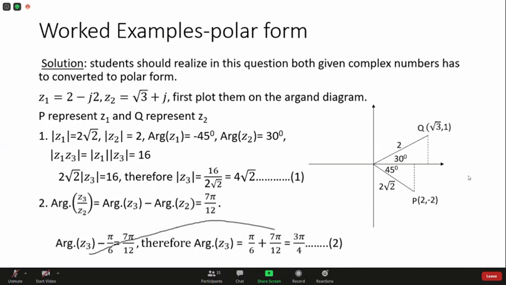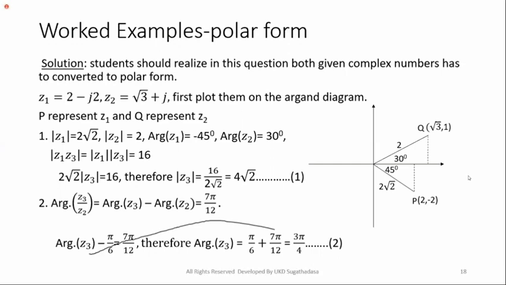Argument of Z2 we know is 30 degrees, that is pi by 6. So argument of Z3 minus pi by 6 equals 7 pi by 12. And now see, the first equation gives the modulus value of Z3.